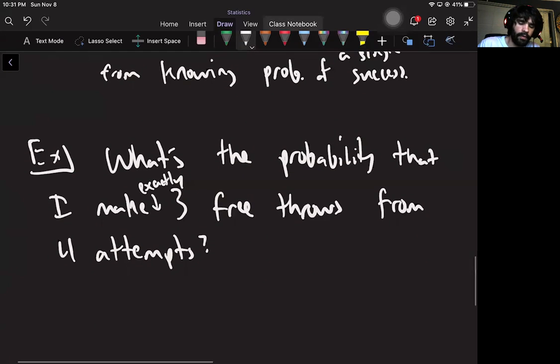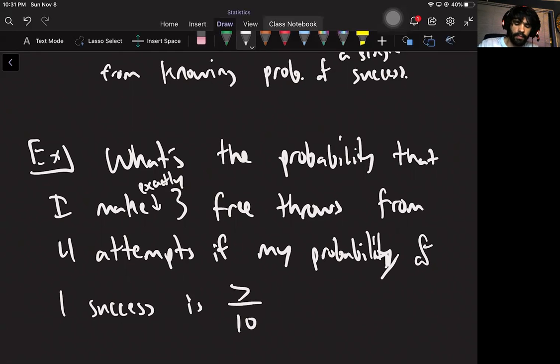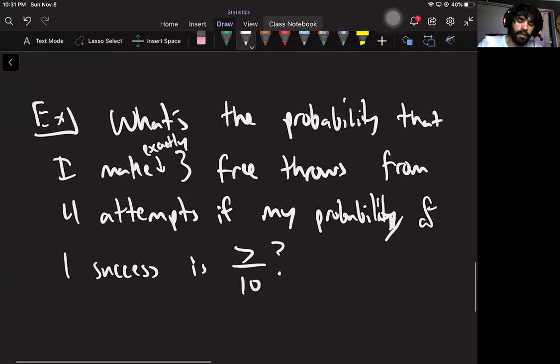So what's the probability of doing this if, I got to finish the question, if my probability of one success, aka making 1 free throw, is, I don't know, pretend I'm actually decent, 7 out of 10. So if I know that if I just do it once at any one time, my probability of making it is 7 out of 10, then using that, what's the probability that I can make exactly 3 if I tried 4 times? So these are the relevant pieces of information here.